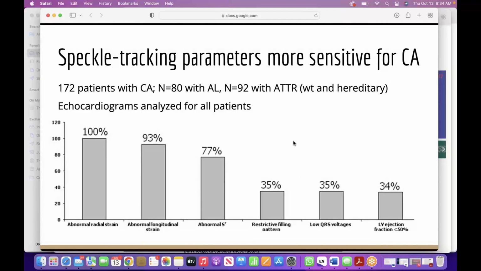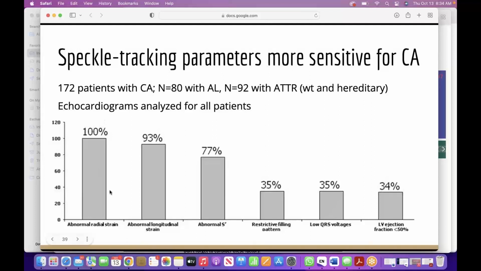In the setting of amyloidosis, I think these speckle tracking parameters do have strengths. For example, in 172 patients with cardiac amyloid, 80 of them had AL amyloid and 92 of them had ATTR amyloid.